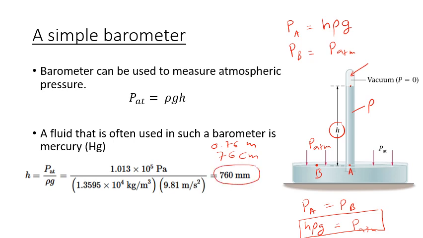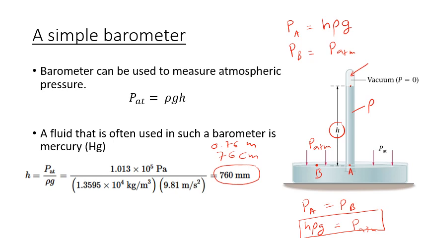So we call this pressure 760 mmHg, millimeters of mercury. This is another way of reporting the atmospheric pressure.